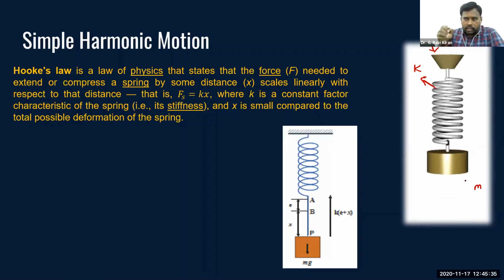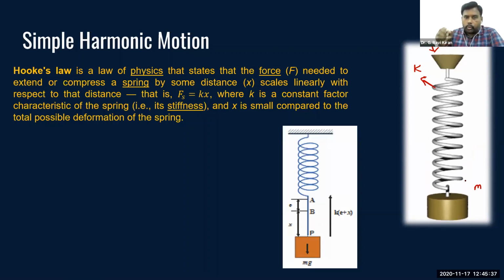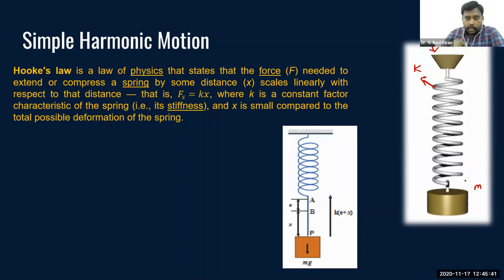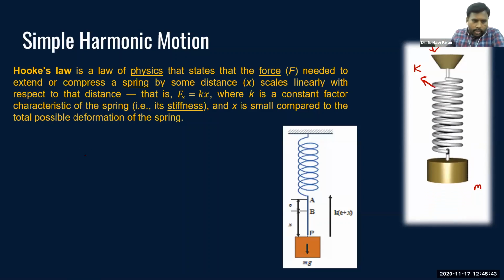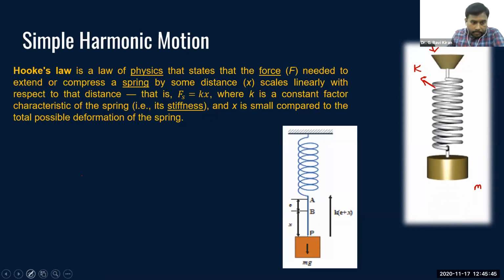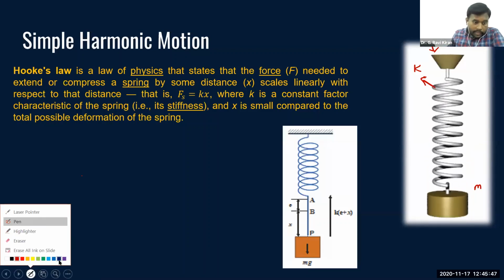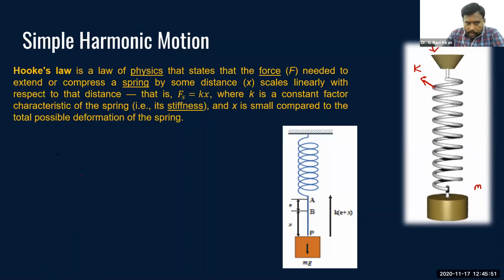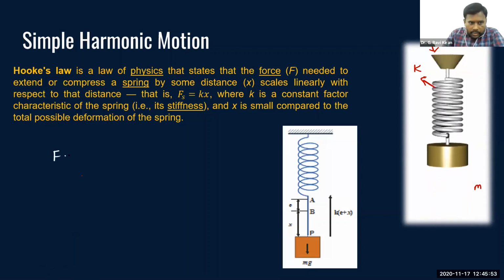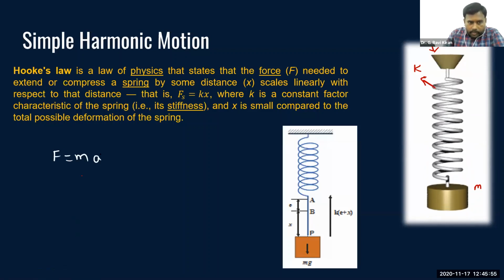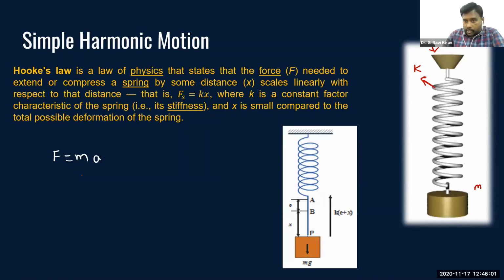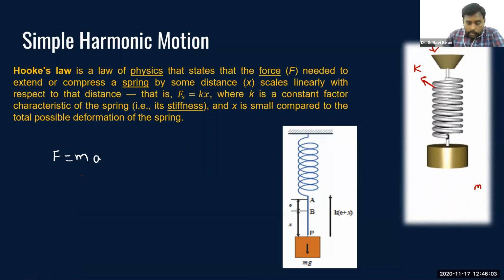Here we use one principle from physics again, Newton's second law of motion. What does it say? F equals M into A. The force acting on a weight is equal to mass multiplied by its acceleration, right? So this is what we use.